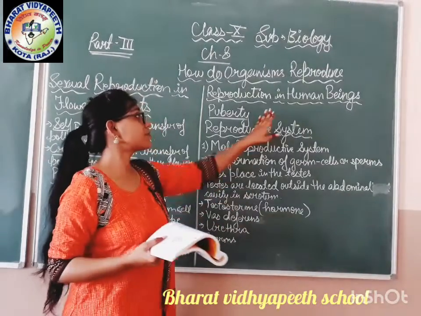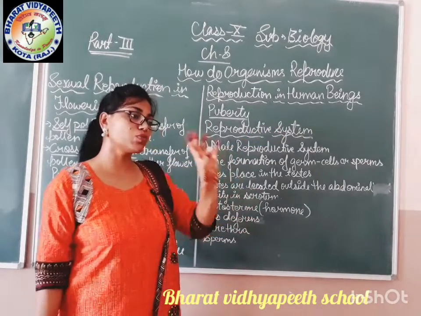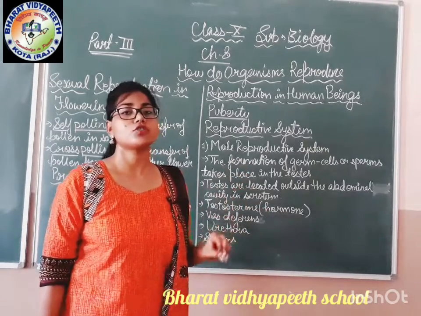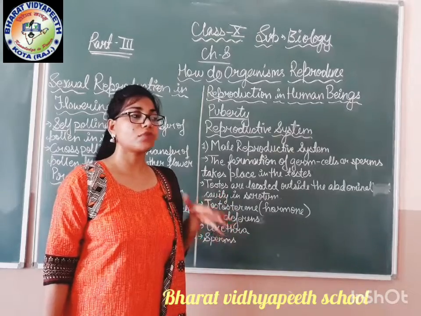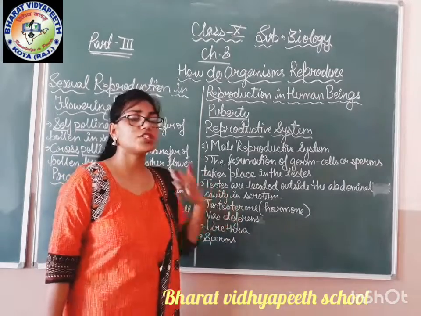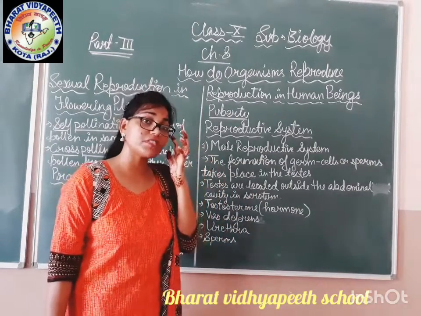During the time of reproduction, from the age of 10 till 19, many changes are seen in girls and boys. These changes come because of the formation of hormones and other changes that happen in our body.